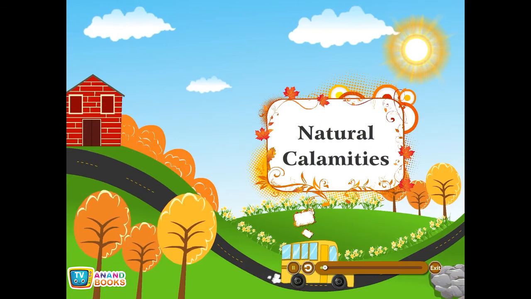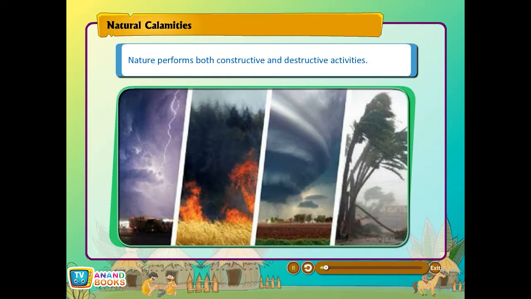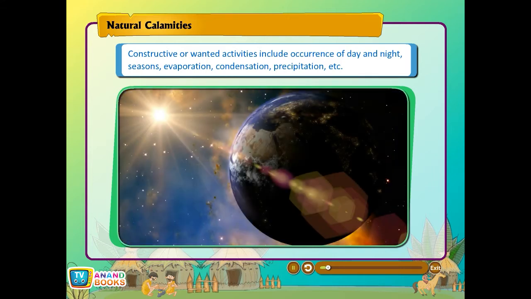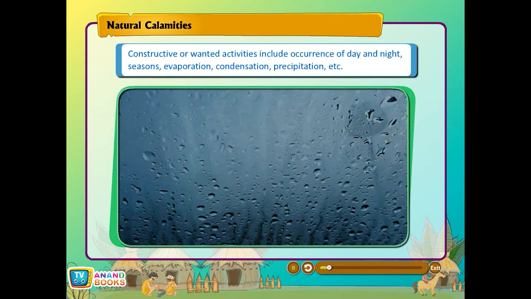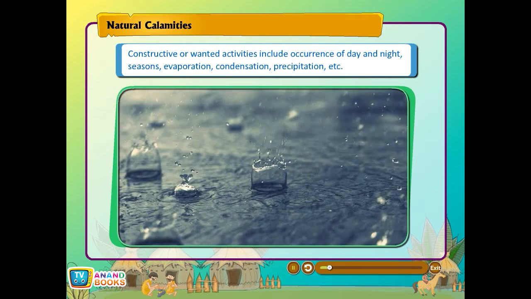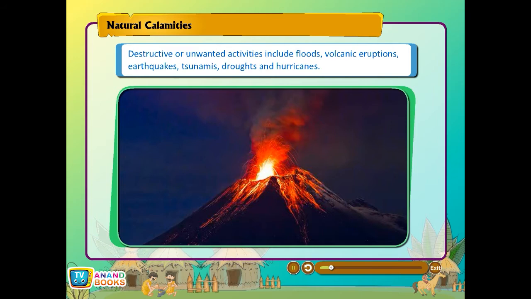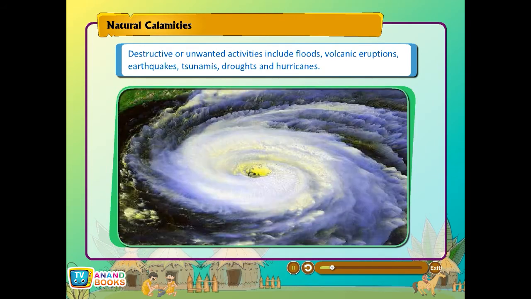Natural calamities. Nature performs both constructive and destructive activities. Constructive or wanted activities include occurrence of day and night, seasons, evaporation, condensation, precipitation, etc. Destructive or unwanted activities include floods, volcanic eruptions, earthquakes, tsunamis, droughts, and hurricanes.